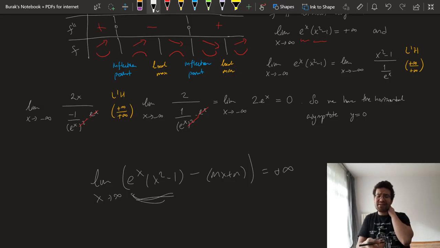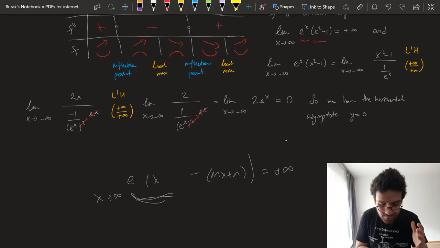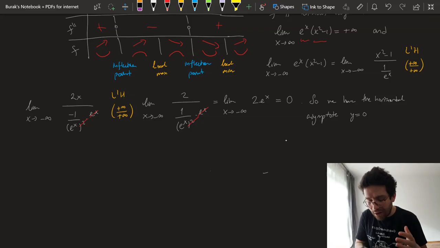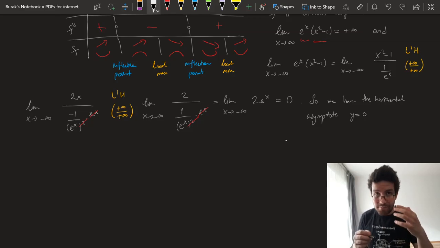Okay, this is not difficult to show. I thought it would be difficult, but for this example, it's not. You can actually show that this is always infinity, so there are no oblique asymptotes. But in general, it may be difficult to show that there are no oblique asymptotes, because you have to actually figure out how fast your function grows in the long run. And even though for this function it's easy, in general, this may be difficult.